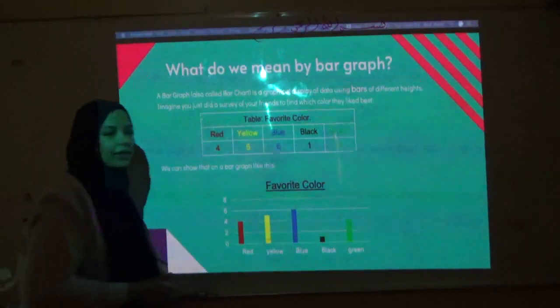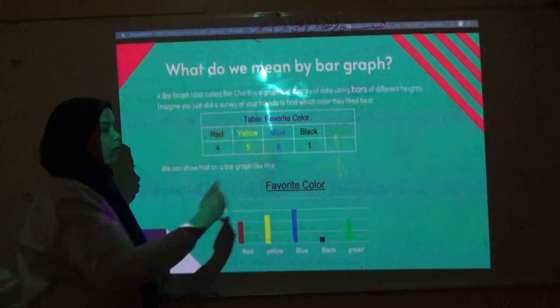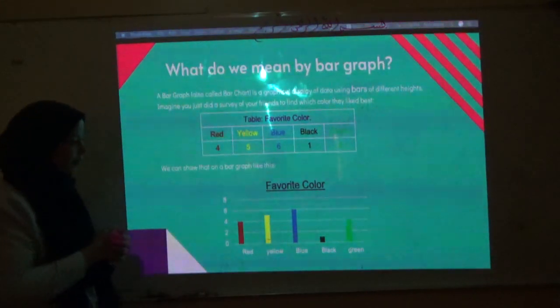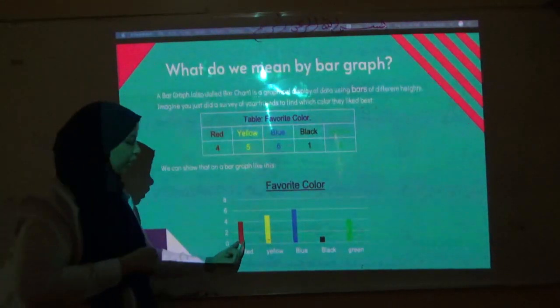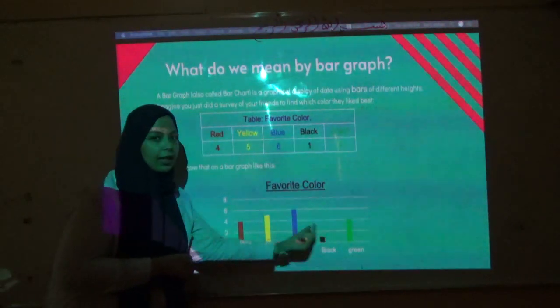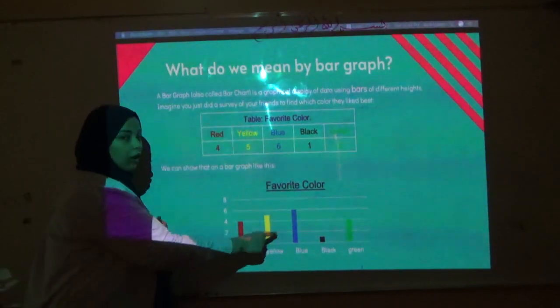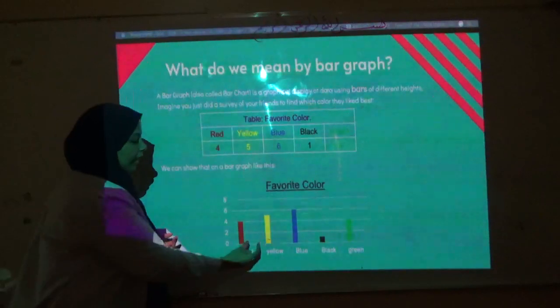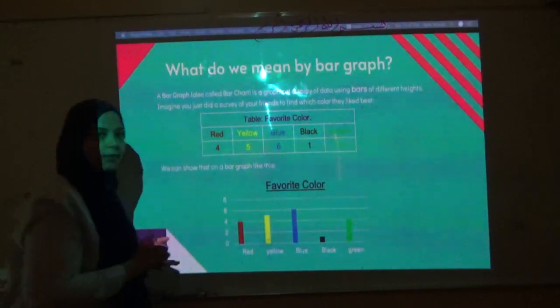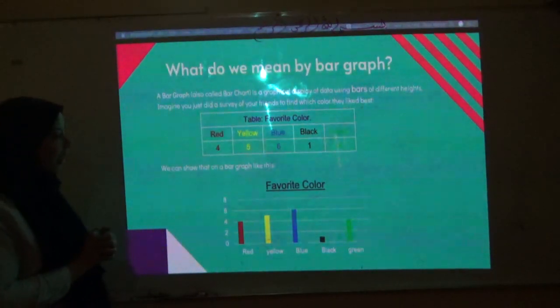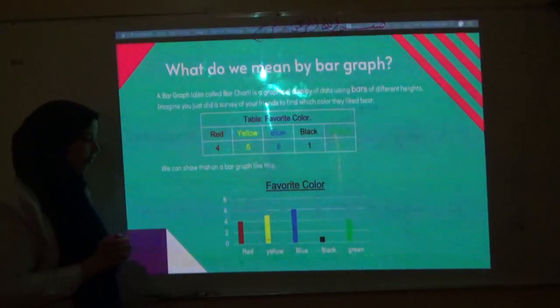Here is the horizontal axis. Horizontal means right and left. As you can see, I have bars or rectangular shapes, and between each bar I have a gap between them. Now let's read the data from the graph.